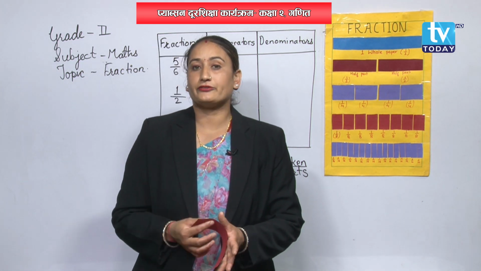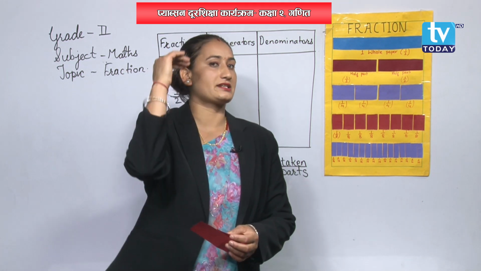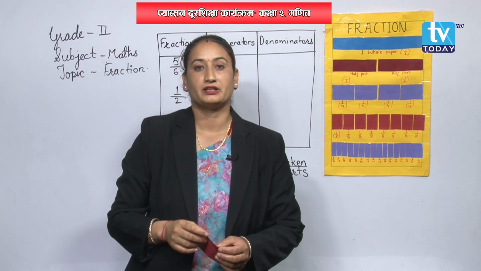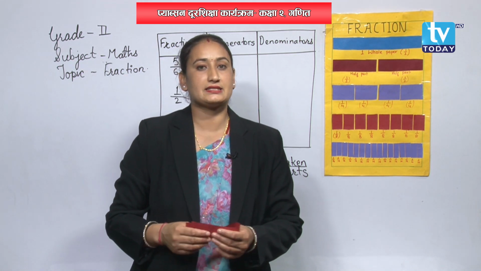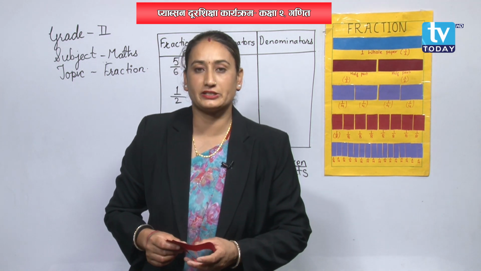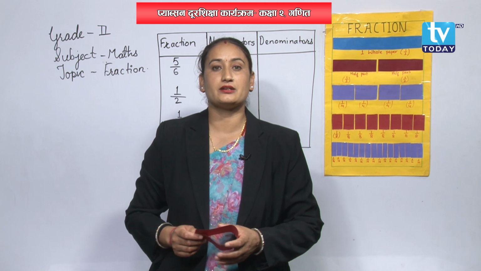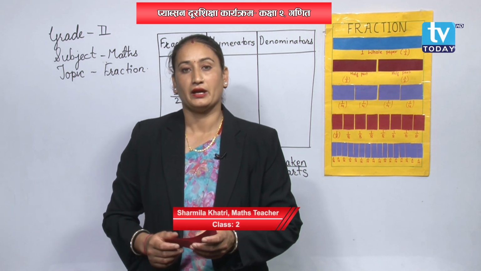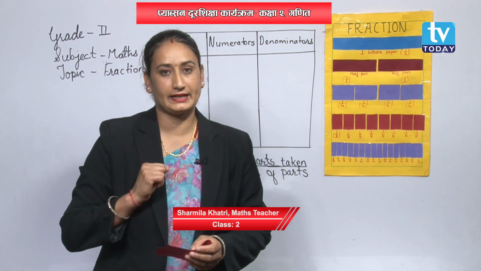And if one number is at the top and one number is at the bottom, the number which is at the top, we call it the numerator, or the number of parts taken.